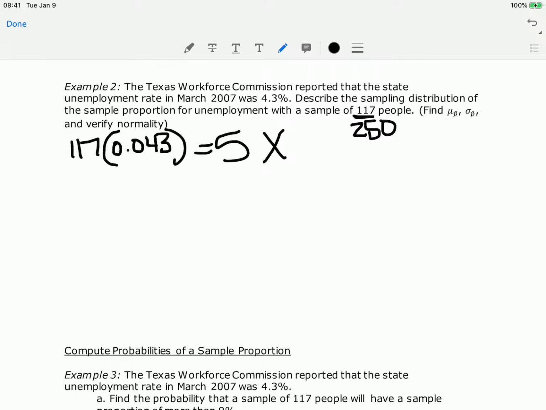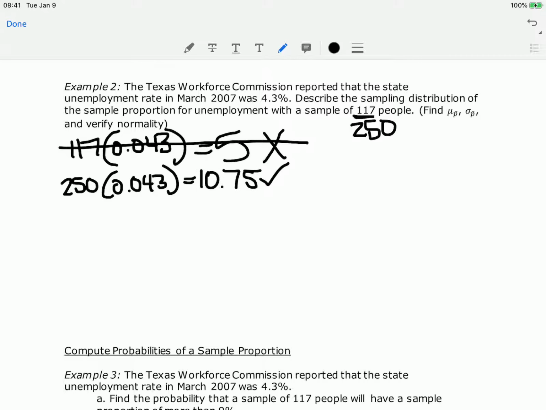So if I sample 250 people, I'm going to cross this out. I'm not going to erase it because it's important. 250 times 0.043 is equal to 10.75, which is greater than or equal to 10. So that's good.